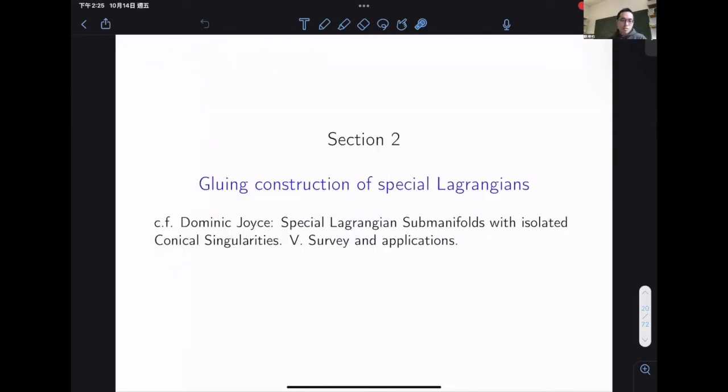Okay, so the second part of this talk will be about the gluing construction of special Lagrangians. I mentioned the singular behavior of Lagrangian mean curvature flow that may break a Lagrangian submanifold into pieces.